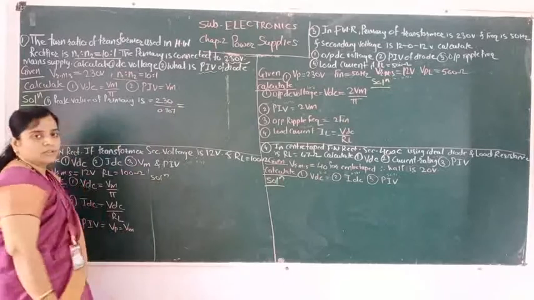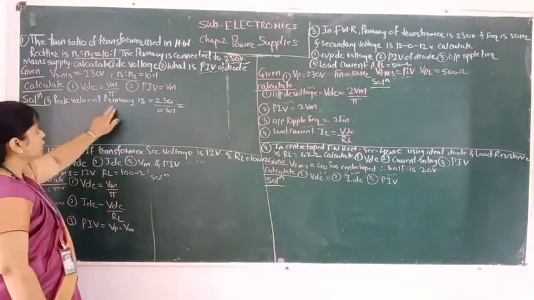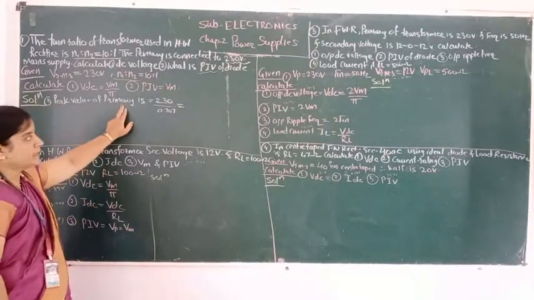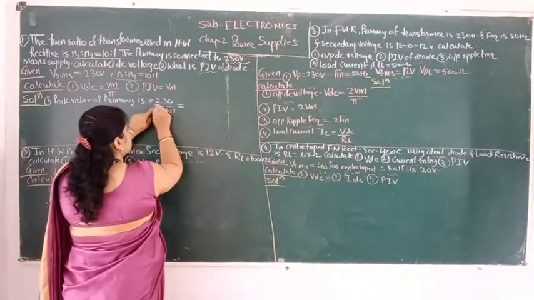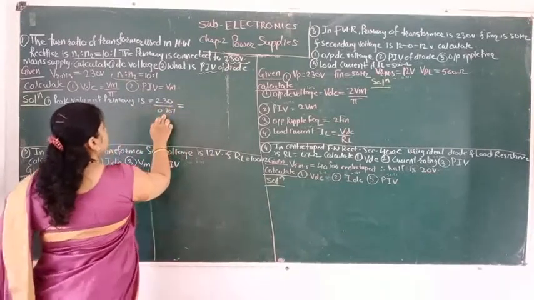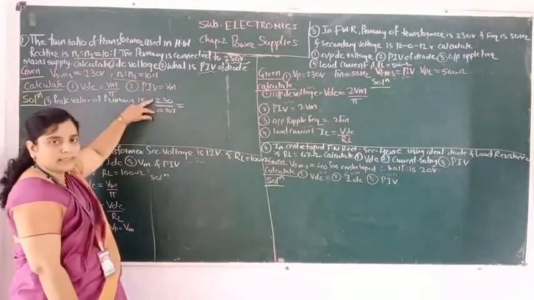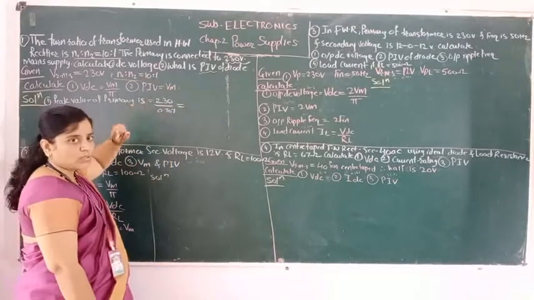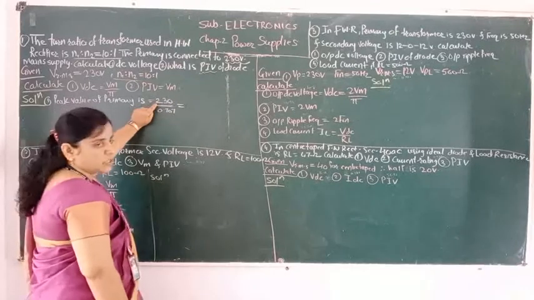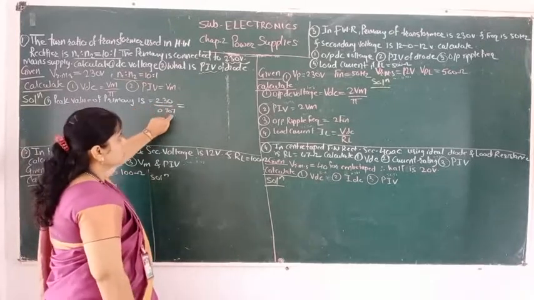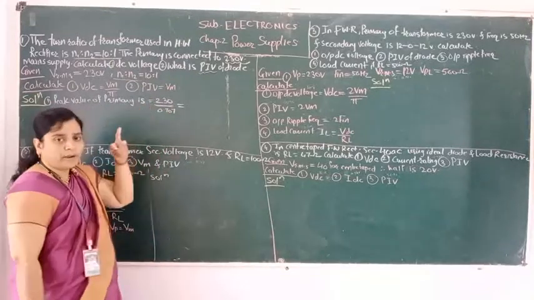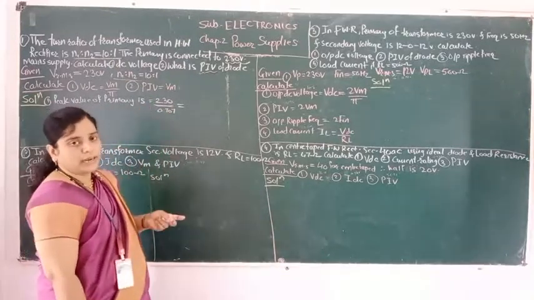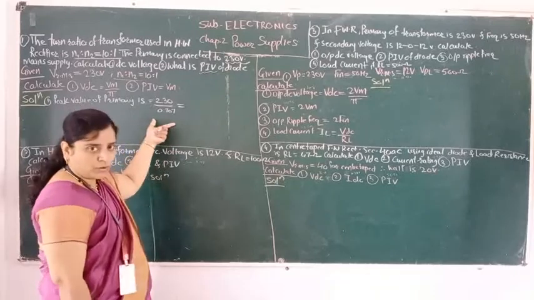So this peak value of the primary is how much? 230 divided by 0.707, we can calculate these things by using the log table. See the log of 230 and 707, and after looking up the logs, you have to add them and then see the anti-log. All that procedure you know already.